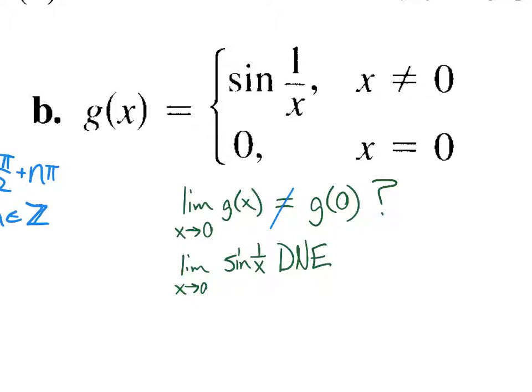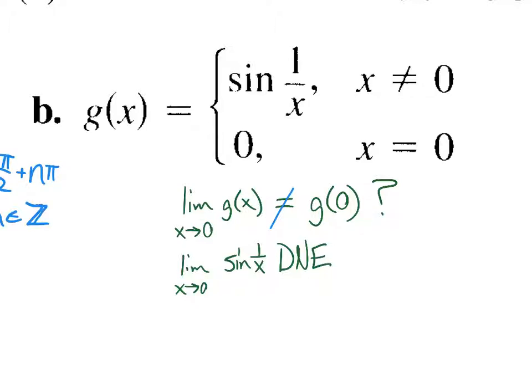So what would the intervals be? So we know it's not continuous where? No, we said when it's sine of 1 over x, it's always continuous. We just had to figure out that right at 0, right? And what did we just show?